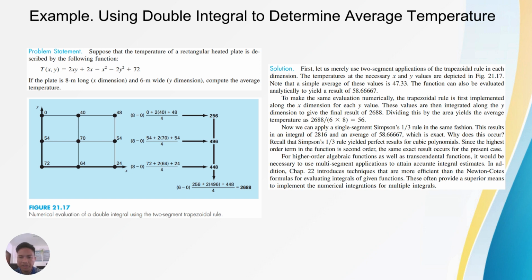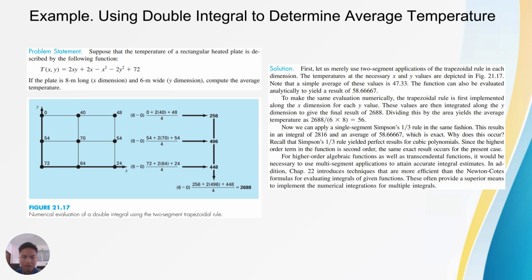Dividing this by the area yields the average temperature. The area is 6 times 8, since the plate is 6 meters long in y and 8 meters long in x, giving a value of 56.